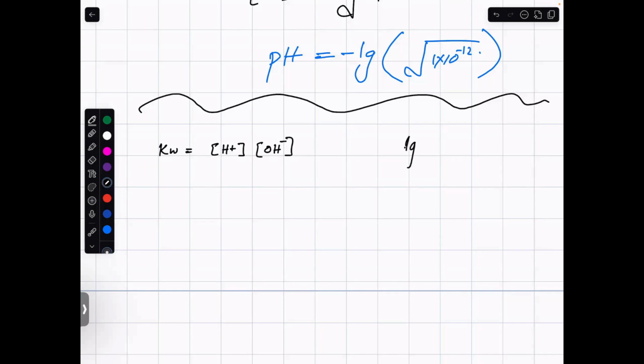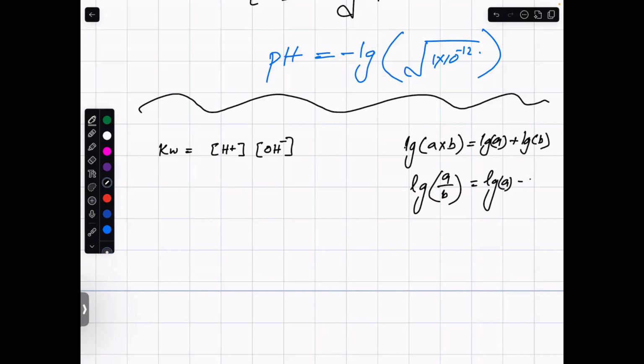If you take log of two things that are multiplied, they become plus. And exactly the same, if you take log of two things that are divided, they become minus. Log of A minus. Mostly mathematics students know this, right?